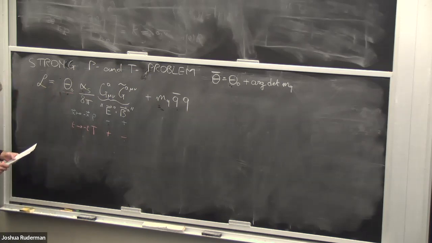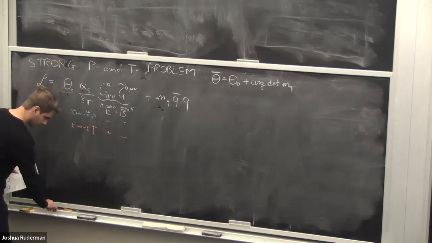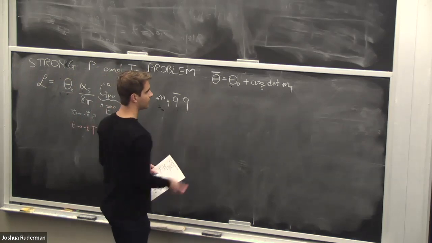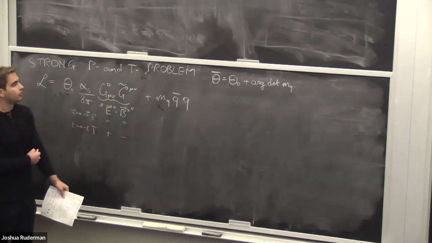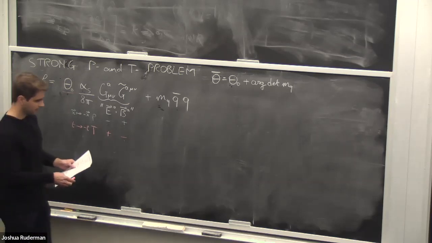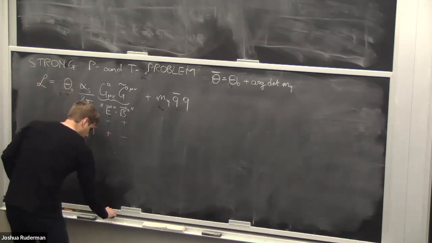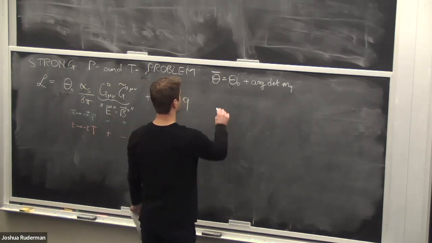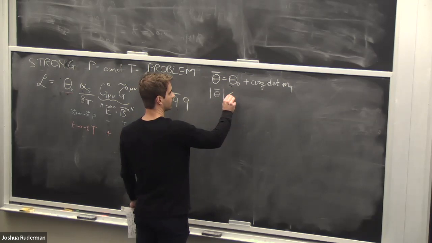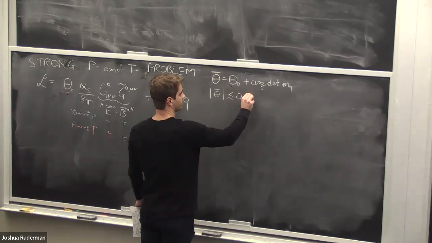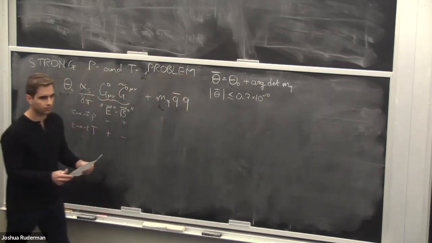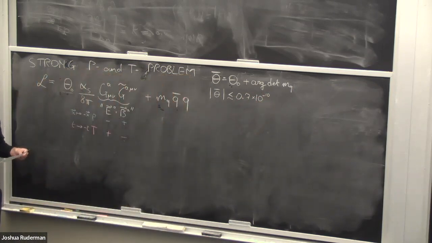For example, I'll show you in a minute, but the puzzle is that this theta parameter is an angle between minus pi and plus pi, and this angle is experimentally determined to be less than 0.7 times 10 to the minus 10. I'll tell you from what experiment that comes from in a second.